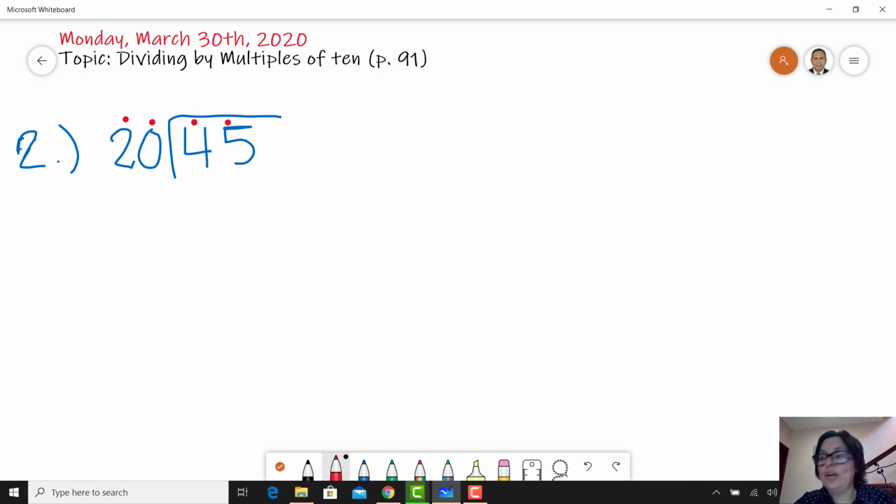Now tell me, can you divide 45 by 20? Yes, right? Remember that if the dividend is greater than the divisor, 45 is greater than 20, so it's possible to divide. It cannot be less. So, how many times 20 fits in 45?